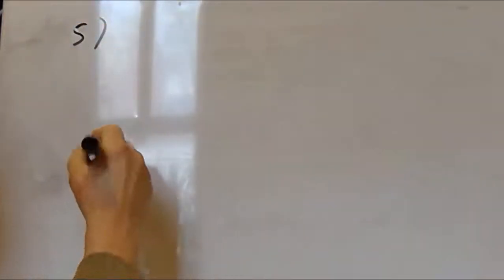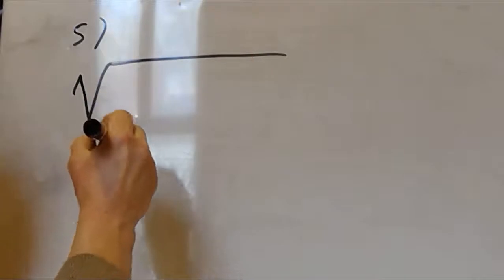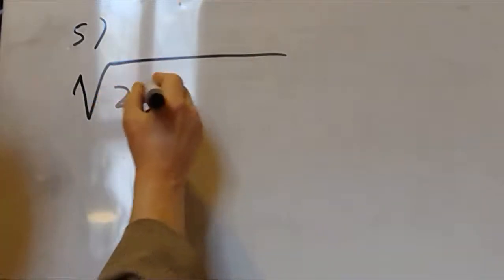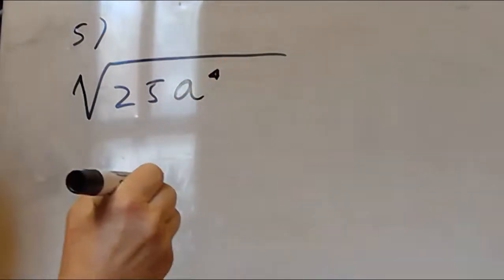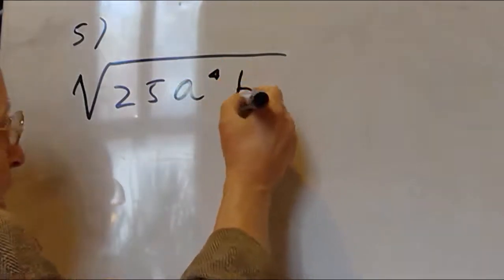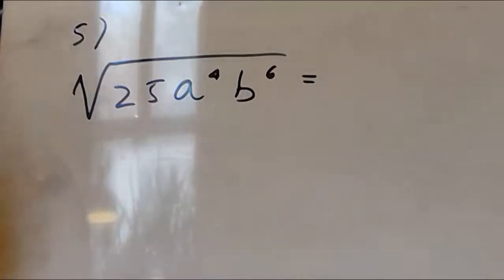So in example number 5, we have the square root of 25 a to the 4th b to the 6th. So what I'm going to do is a little bit of bookkeeping using my product rule first.